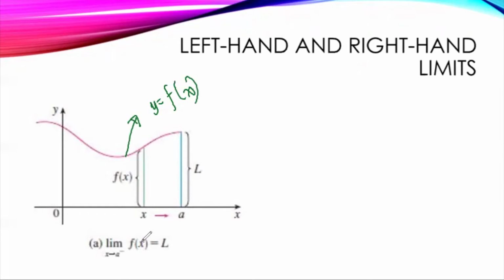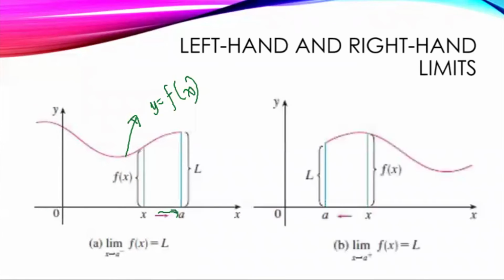Take note that the limit of f of x as x approaches a from the left, we consider the values of x from the left of a going to a. Then the function values approach the value L, and this is what we call the limit. So this is the left-hand limit.